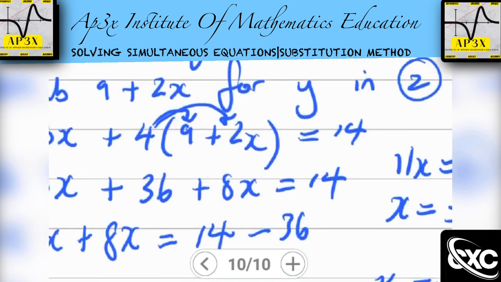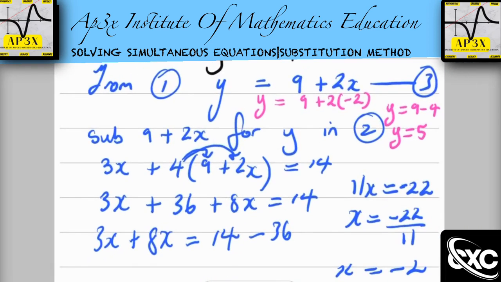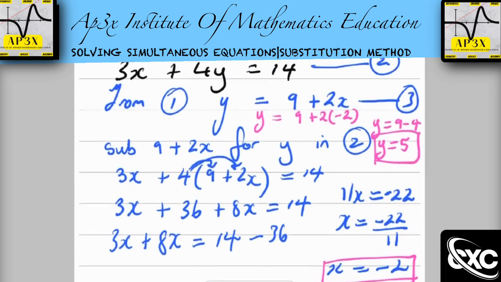So we can go back here and say y is equal to 9 plus 2 multiplied by negative 2. 2 times negative 2 is negative 4. So we end up with y being equal to 9 take away 4. Y is therefore equal to 5. Alright, and that is it. Y is equal to 5 and x is equal to negative 2.